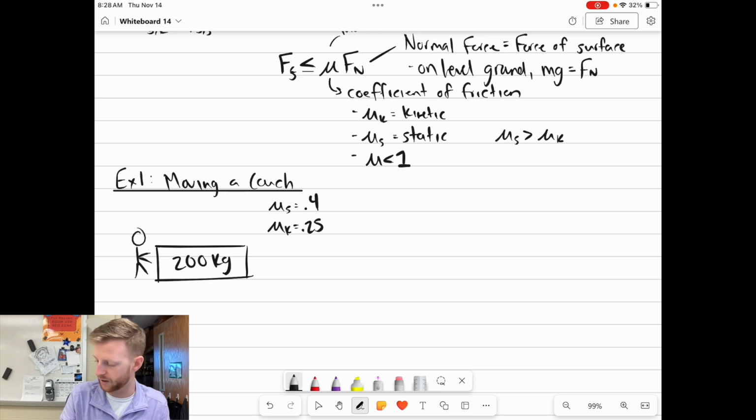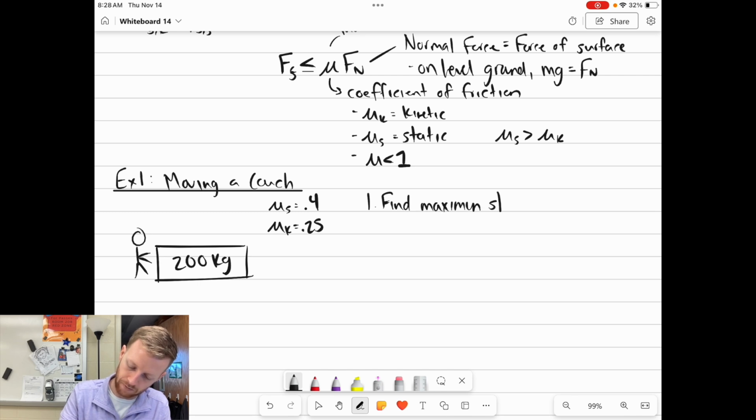Always, always, always. So number 1, find the maximum static friction. Basically, how hard do I have to push to get this thing to start moving? And then I want to find kinetic friction after it starts moving.